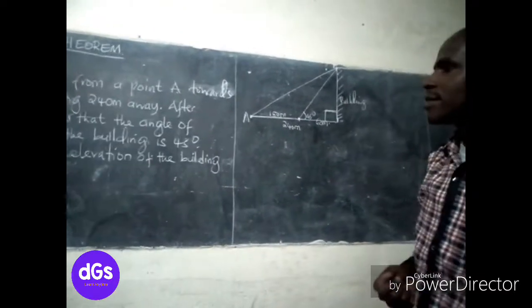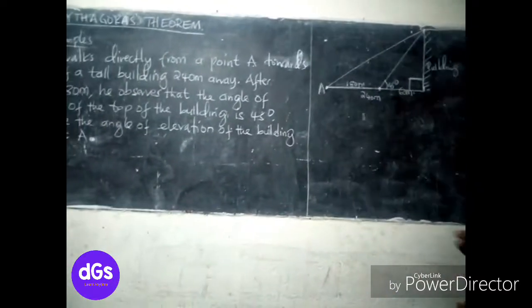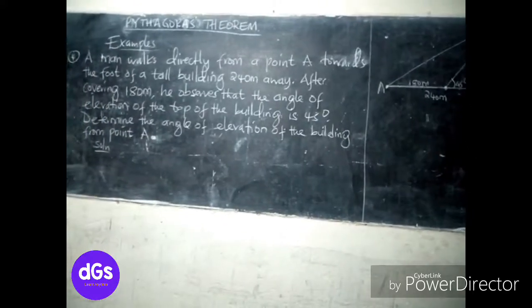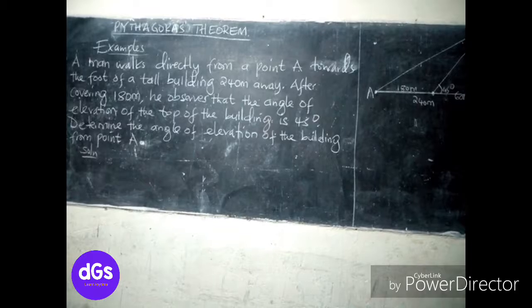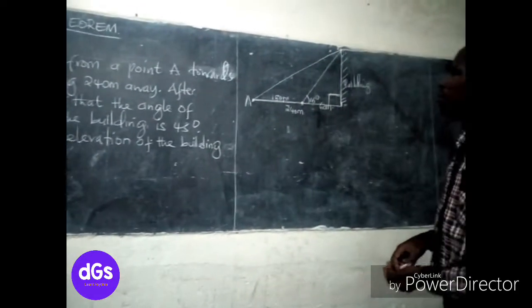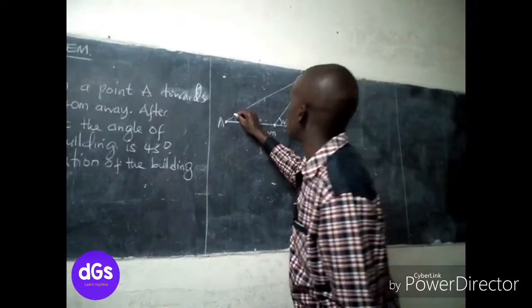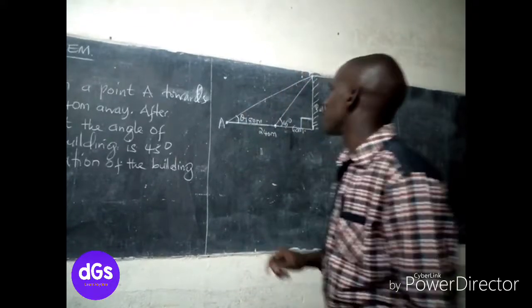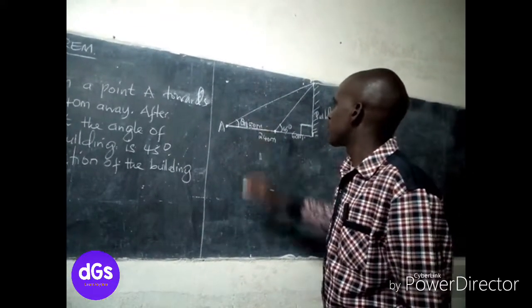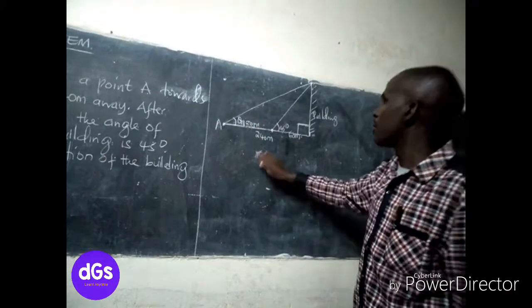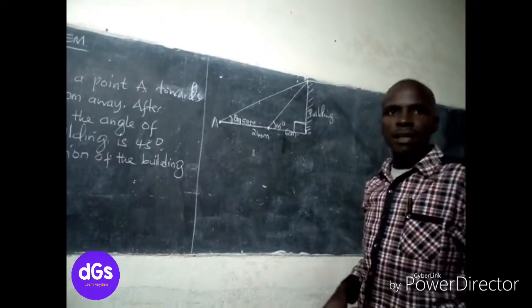The question is, determine the angle of elevation of the top of the building from point A. In other words, we are being asked for this angle theta. So we now move on to solve this question.